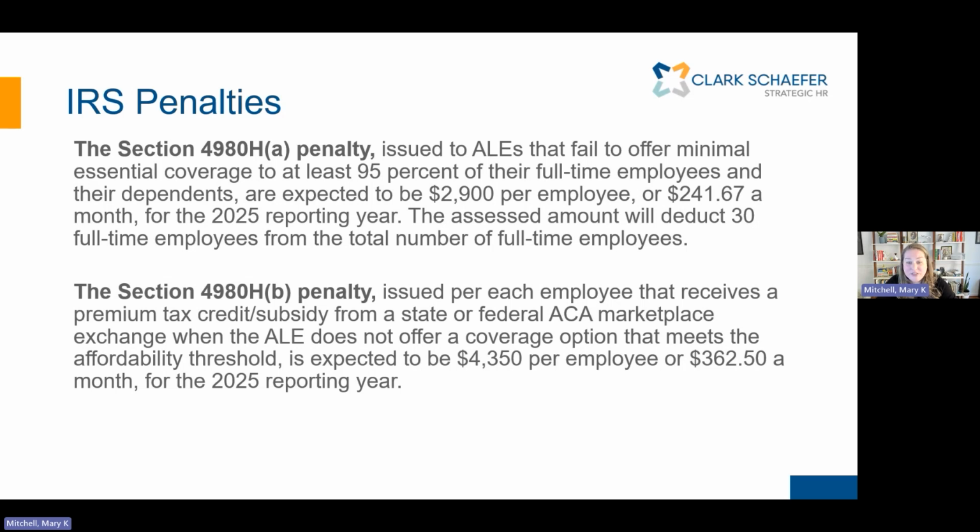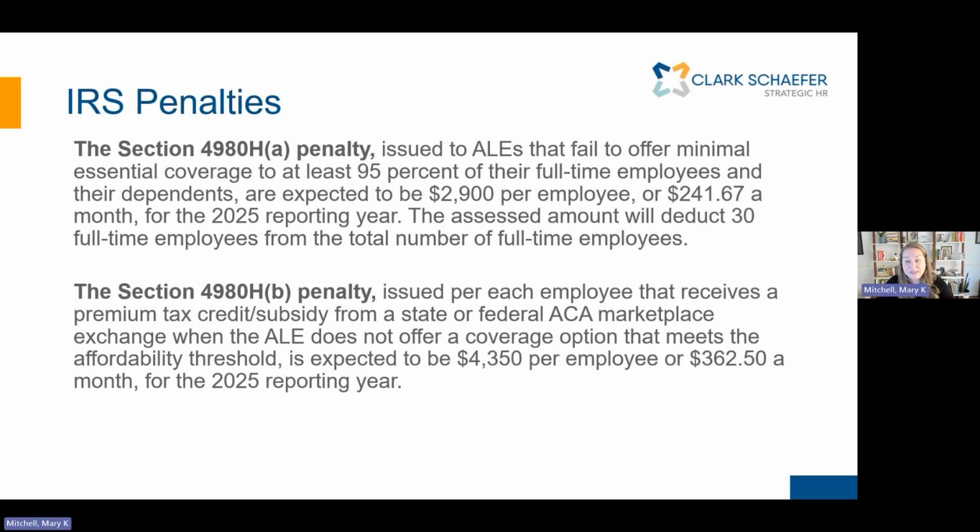They are expected to be $2,900 per employee, or $241.67 a month for the 2025 reporting year. Because every month that it takes you to actually show that you did or did not offer that coverage, they're going to ding you for that. And it's going to have interest accrue over time.